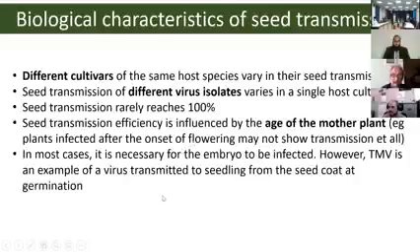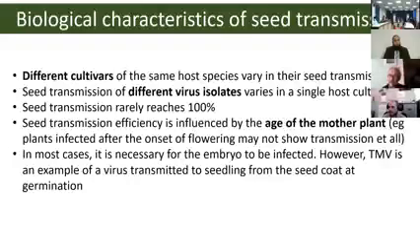Now, we know very well that there are many different biological characteristics of seed transmission. First of all, seed transmission depends on the cultivar. So we have some cultivars which show very high seed transmission rates, and some which show very, very low seed transmission, or in some cases, no seed transmission at all.